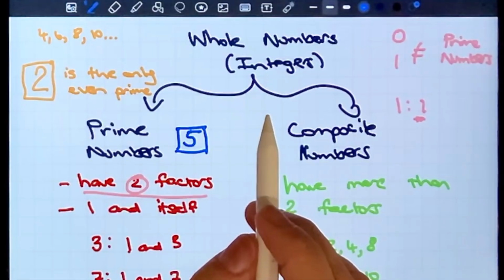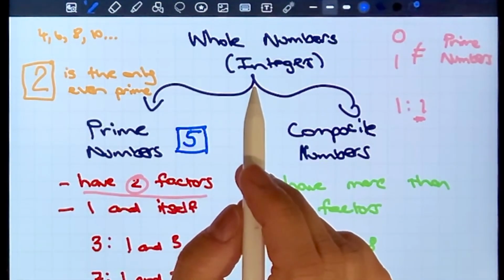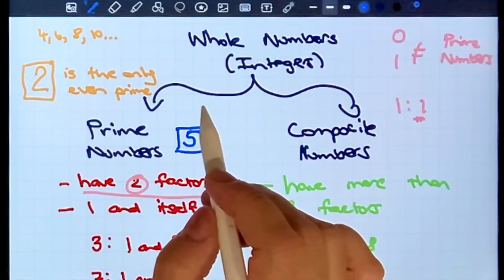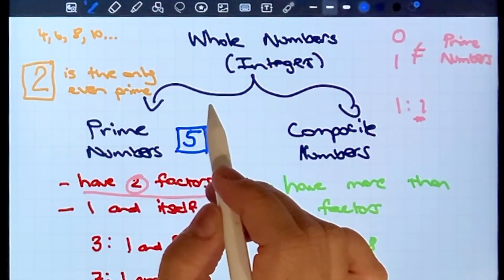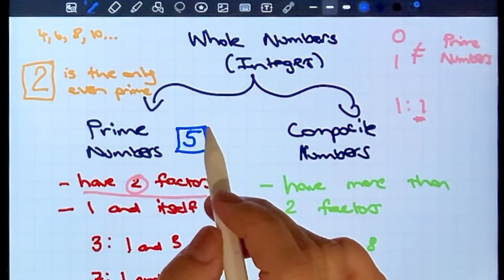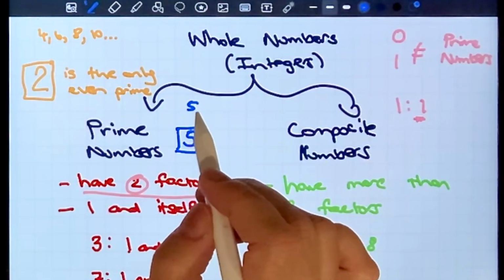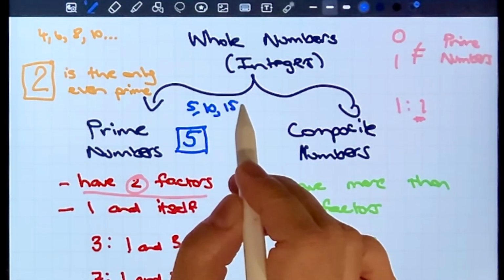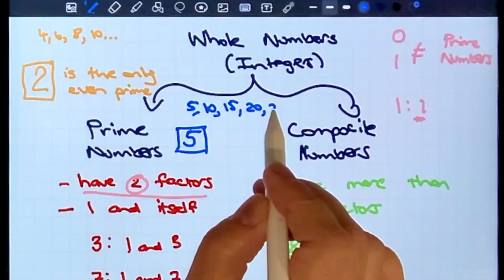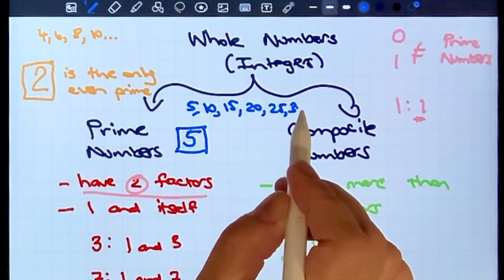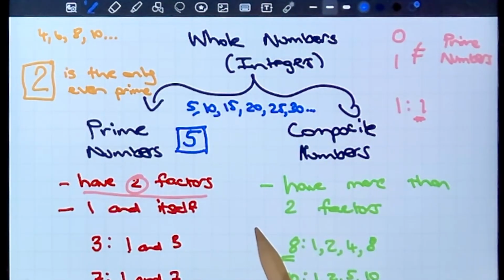So if you think of your divisibility tests, every number that ends in 5 or 0 is divisible by 5. So 5, 10, 15, 20, 25, 30, and so on.